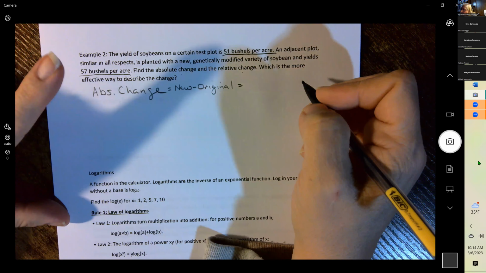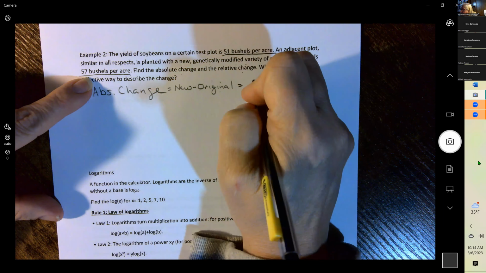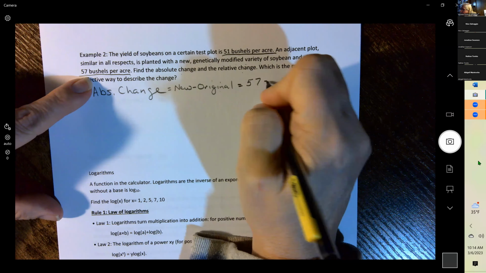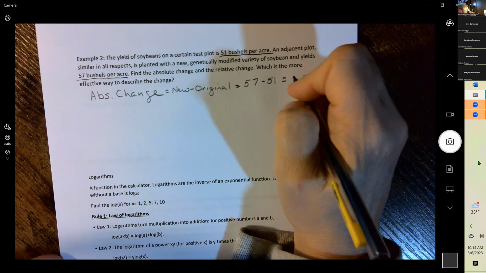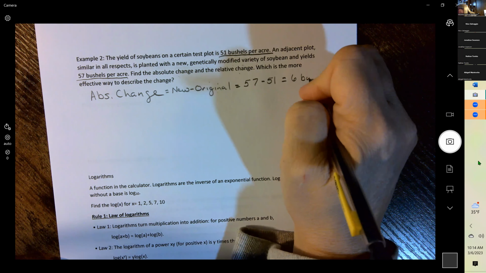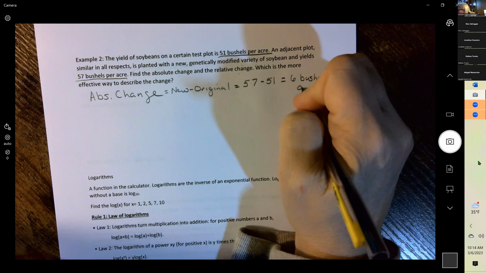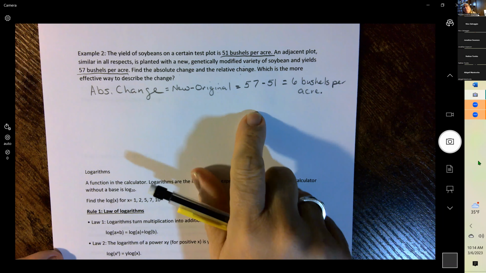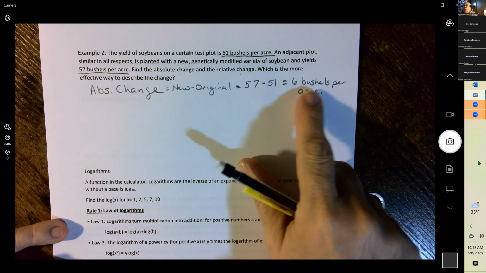So the new modified variety is 57 bushels per acre, and this one is 51 bushels per acre. If we subtract them, we have 6 bushels. So the new modified soybean gets 6 more bushels per acre.